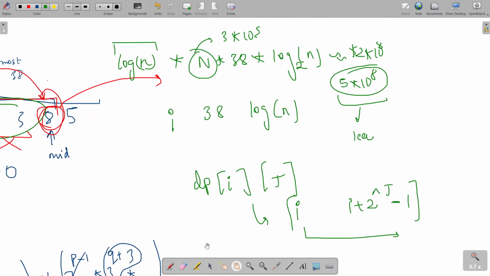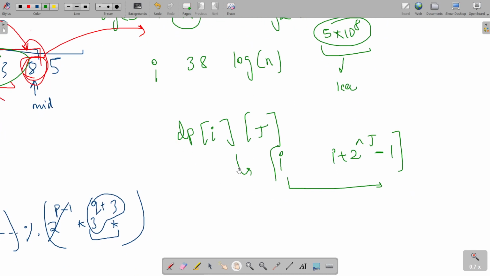Also, there are some additional factors here. For example, when you find the LCM, you also need to compute the GCD, right? So for GCD, there will also be some constant factors. So that's why we don't really want this segment tree to be here.